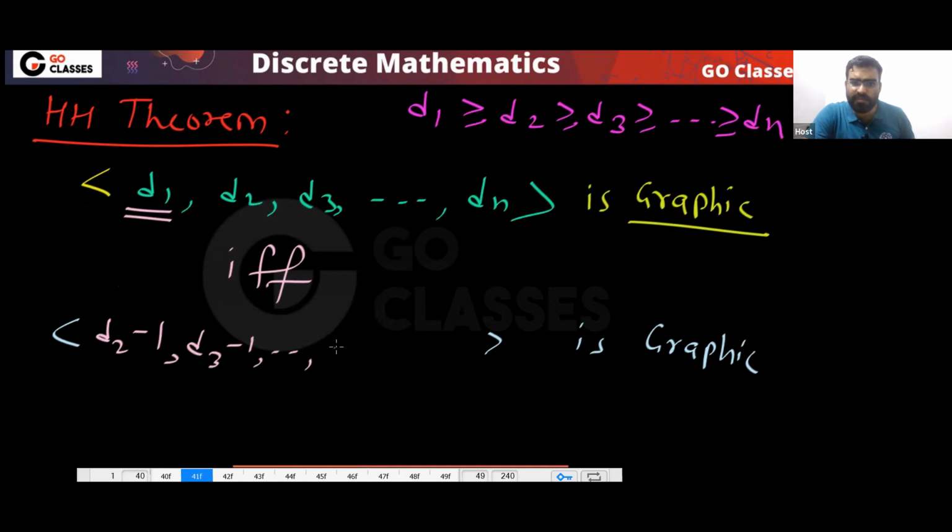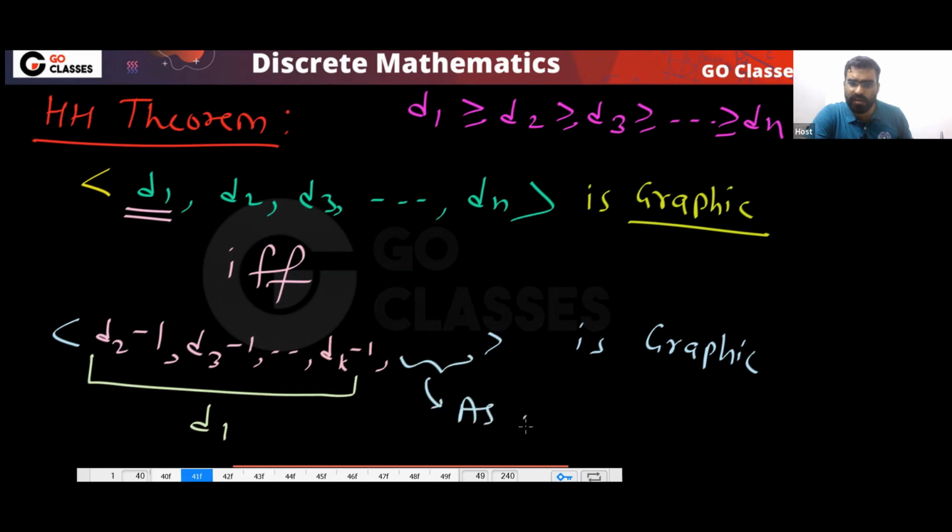From the next D1 vertices, you remove 1, and the remaining are as they are.